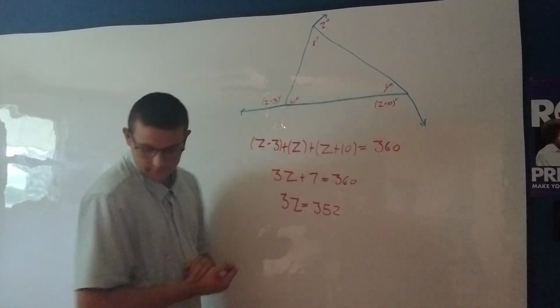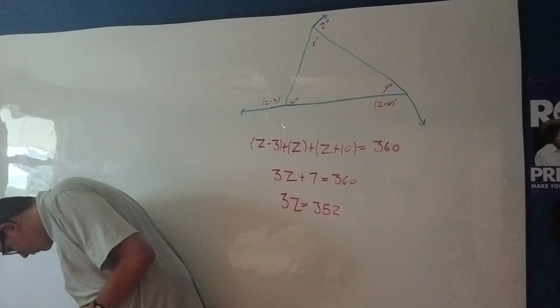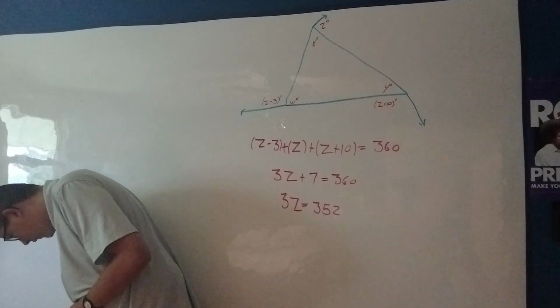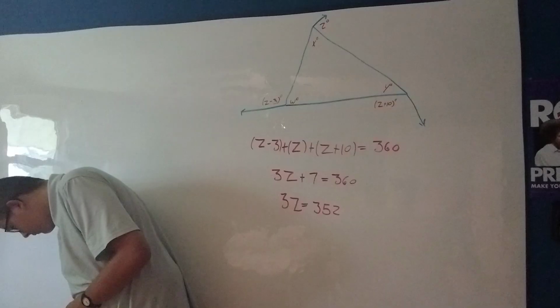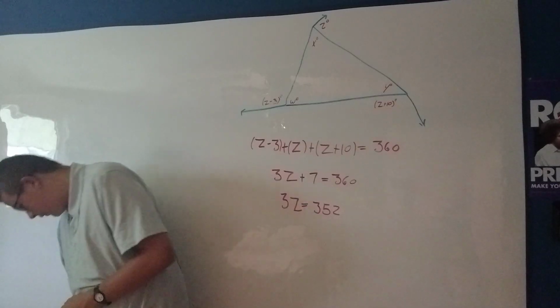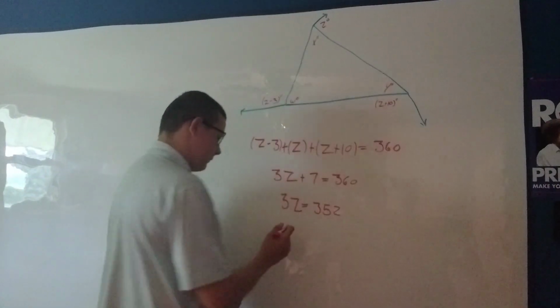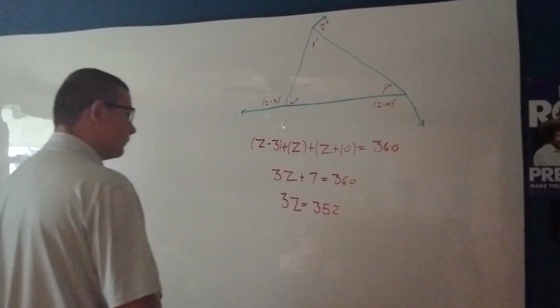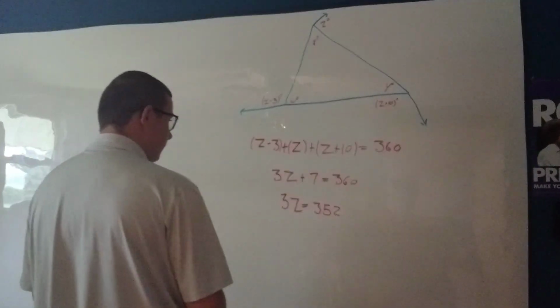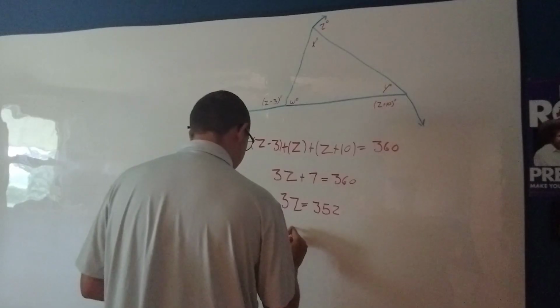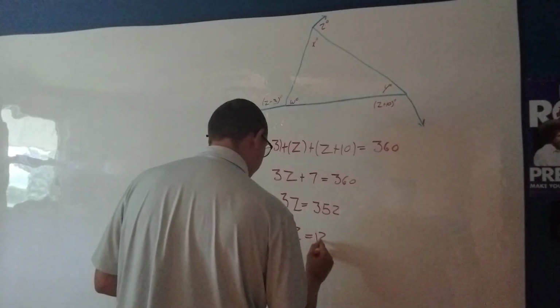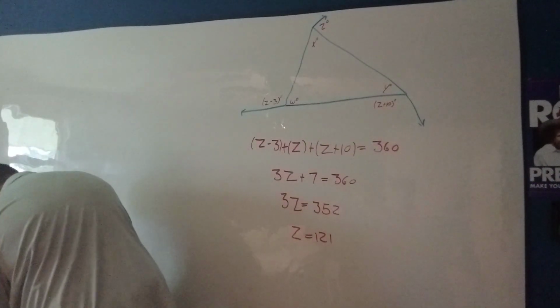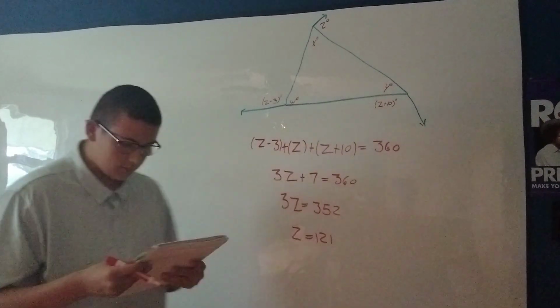And then 353 over 3 is 117. Yeah. Z equals 117. Right, let me check this to make sure I did that right.